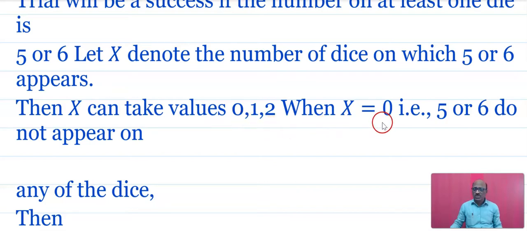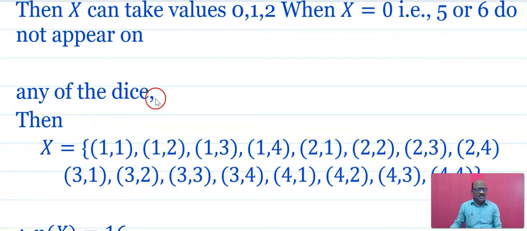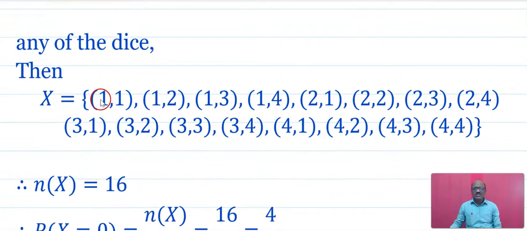When X is equal to 0, that is, 5 or 6 does not appear on any of the dice, then what is that sample space? That is X equals {1,1; 1,2; 1,3; 1,4; 2,1; 2,2; 2,3; 2,4; 3,1; 3,2; 3,3; 3,4; 4,1; 4,2; 4,3; 4,4}.